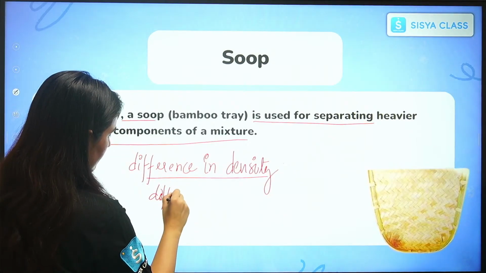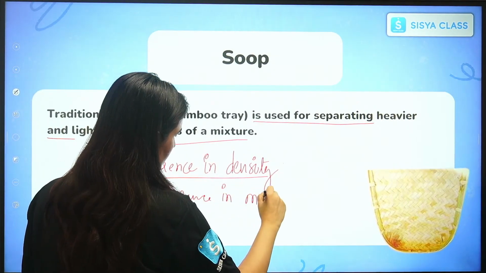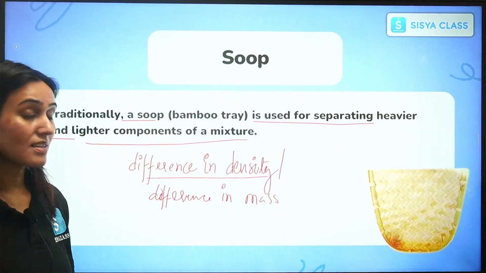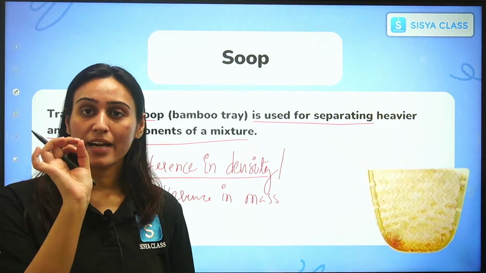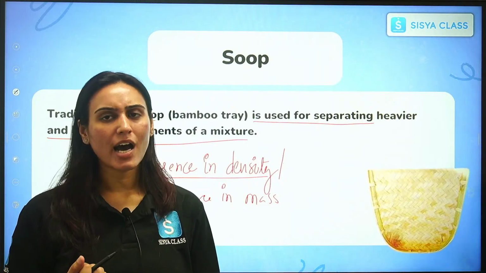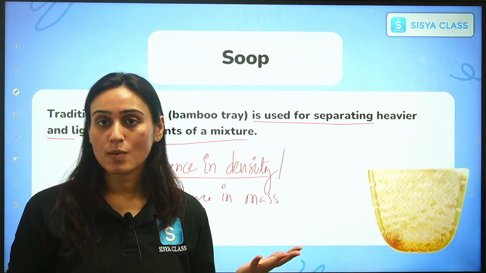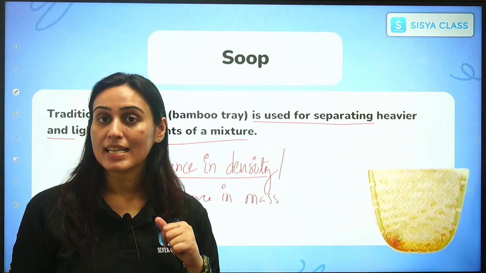This is the principle we are following here, and who will help us in that process? Wind will help us. So how to merge these two things together? What would be the name of the process that we are applying here? Let's see.